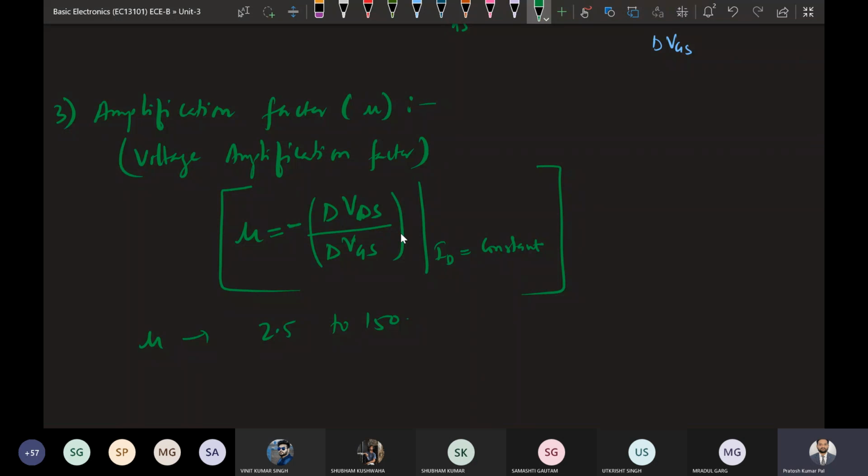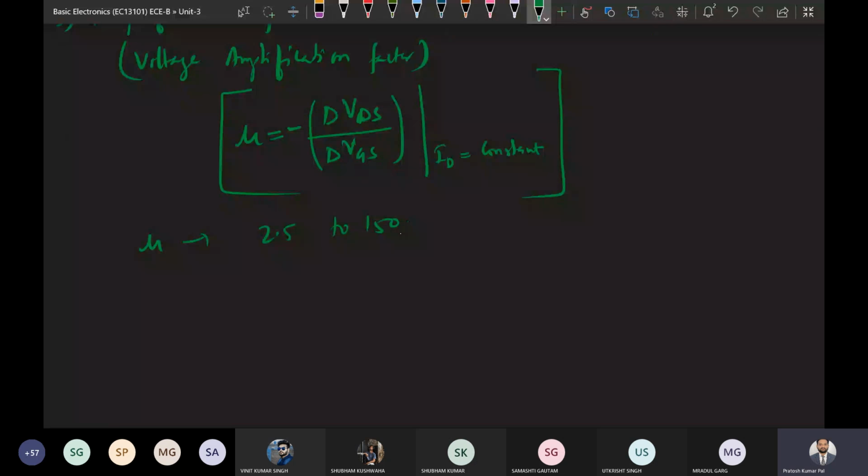In most cases, this mu varies between 2.5 to 150. This mu can be obtained from the graphical data, and it can be obtained from the transfer characteristics only.